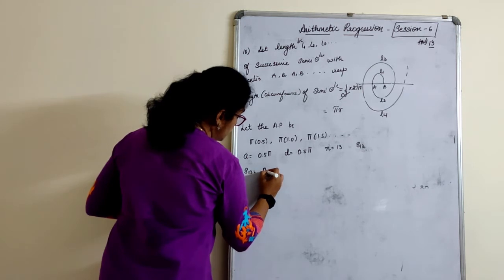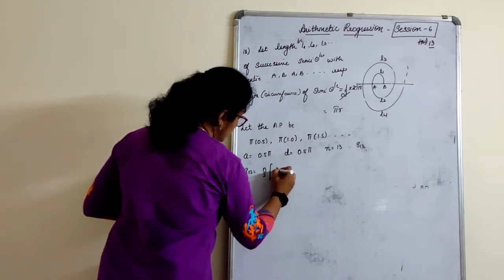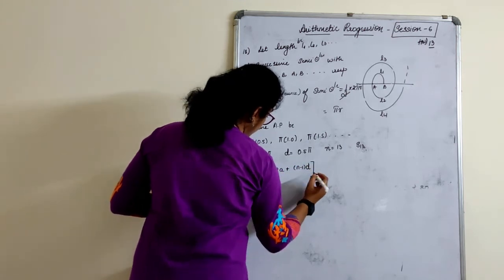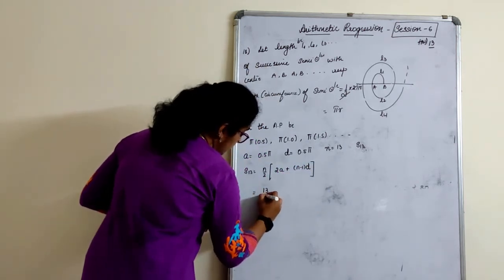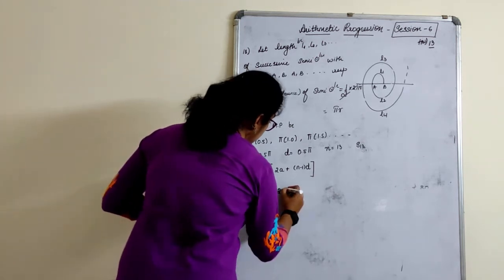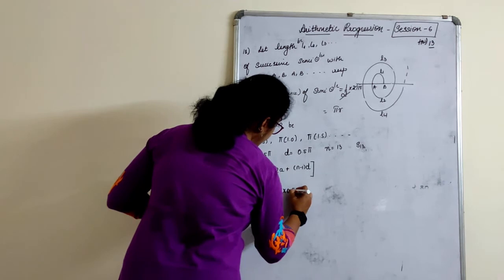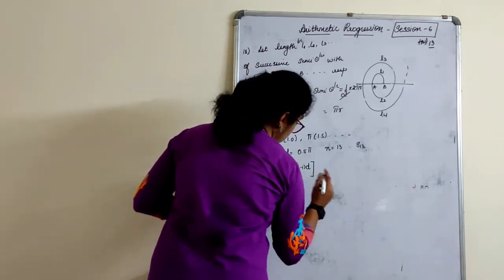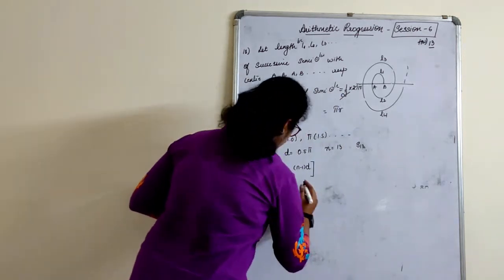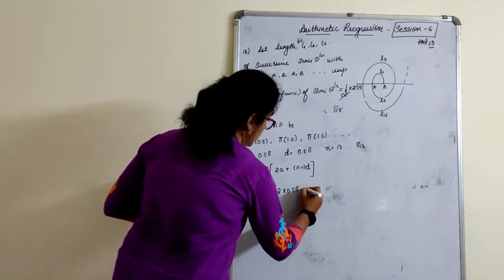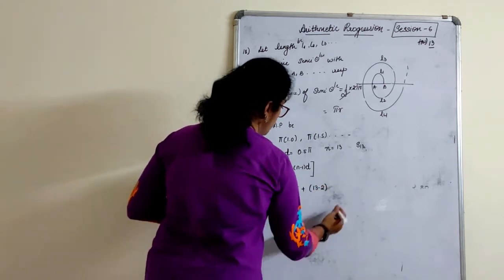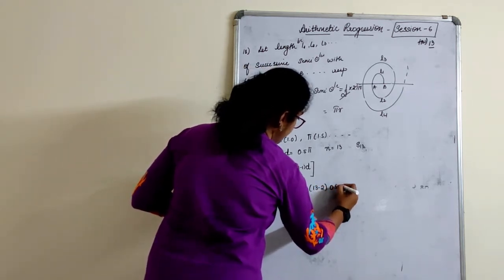S13 is equal to n by 2 into 2a plus n minus 1 into d. So 13 by 2 into 2a, where a is 0.5 into pi, plus n minus 1, which is 13 minus 1, and d is 0.5 pi.